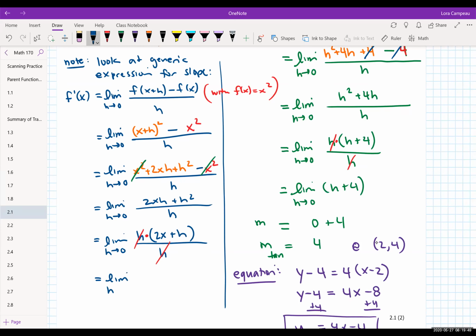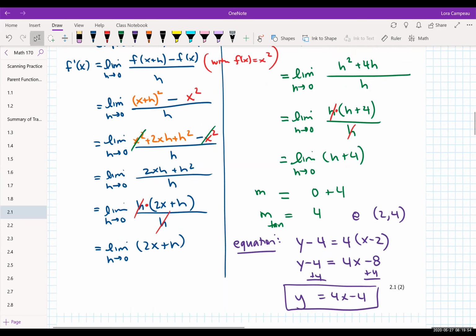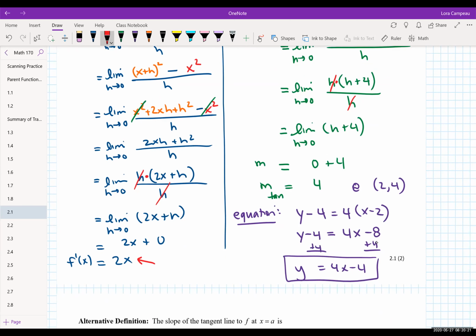So we have the limit as h approaches 0 of 2x plus h, and finally you can plug in h equals 0 because it no longer makes the function undefined. So we're actually getting a generic formula for the slope of our tangent line. At this point, you can quickly find the slope no matter what the point of tangency is.